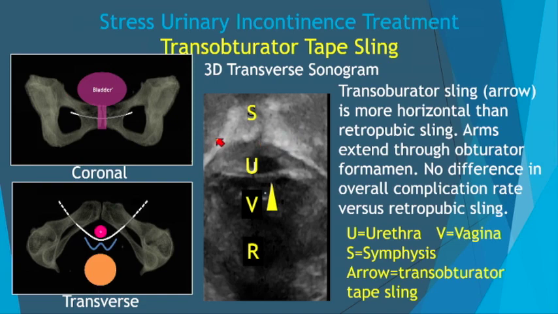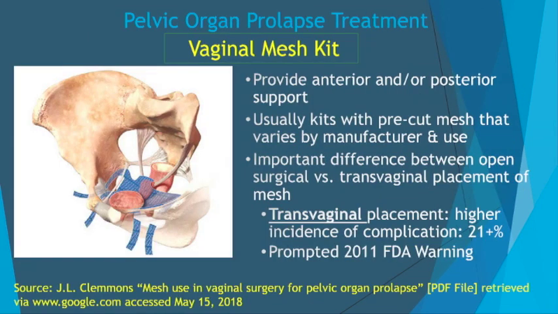So again, here's the anatomic information. Here's symphysis, urethra, vagina's back here. And between the urethra and vagina, you see that this echogenic material is relatively horizontal, and that is the sign of a transobturator sling. Both types of slings are very well seen sonographically. They both appear as echogenic lines.